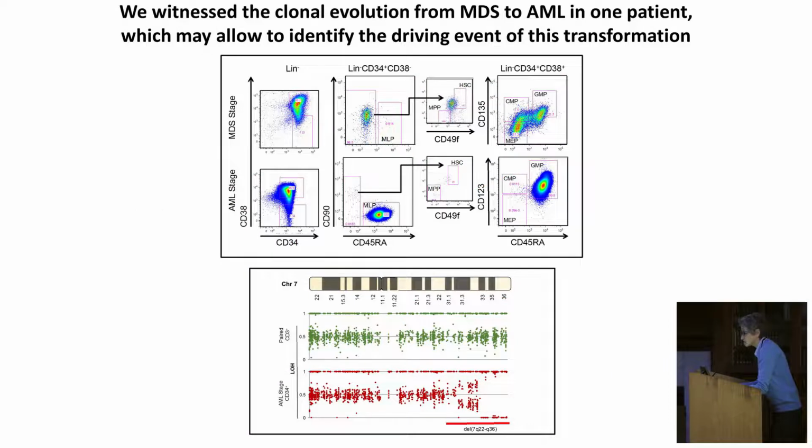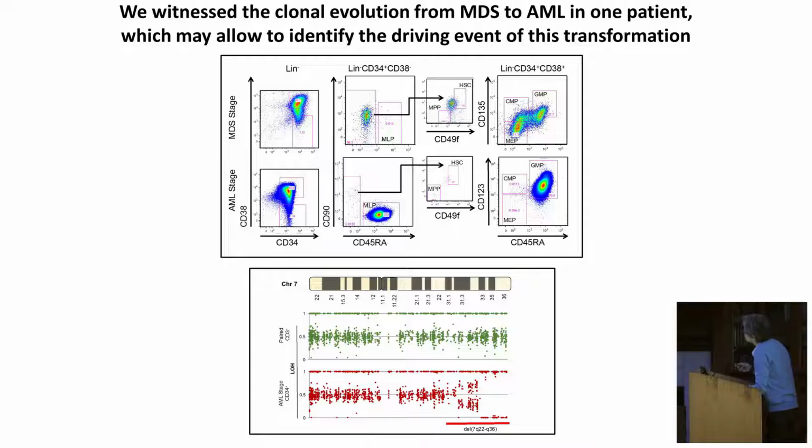And this same patient actually progressed and evolved into acute myeloid leukemia, and we got samples from that also. So clearly what I also wanted to show you, even though we may not be specialized in phenotype, is that, as shown by Dean before, at the MDS stage you could almost not tell by phenotype whether it was normal bone marrow or MDS, because it is very similar to a normal phenotype.